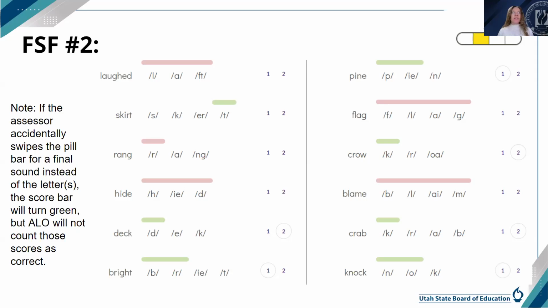You can see on the screen that the K for crow got 2 points, the D for deck got 2 points, and the K for crab got 2 points. If they combine the initial phoneme with another consonant or a vowel, they only get 1 point. Oh, I see, because they only said K. Correct. Okay, I gotcha.